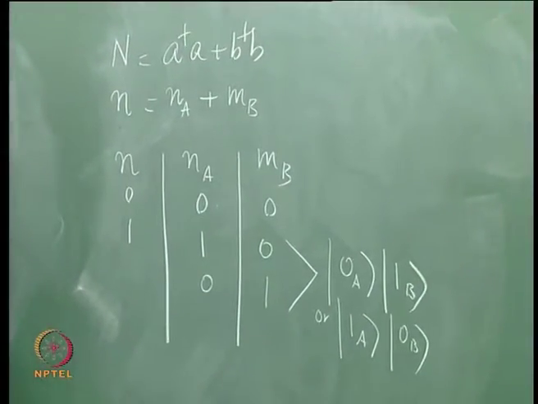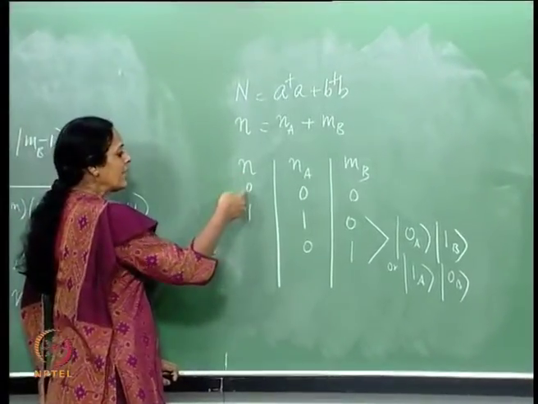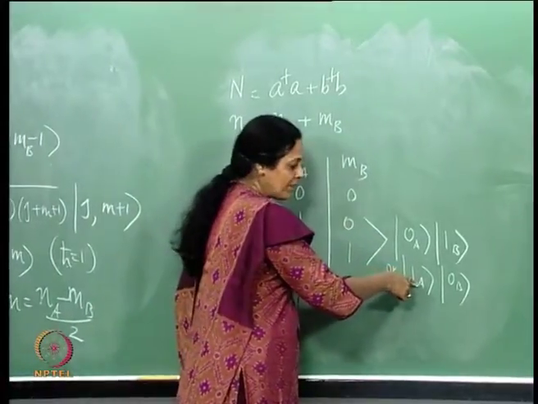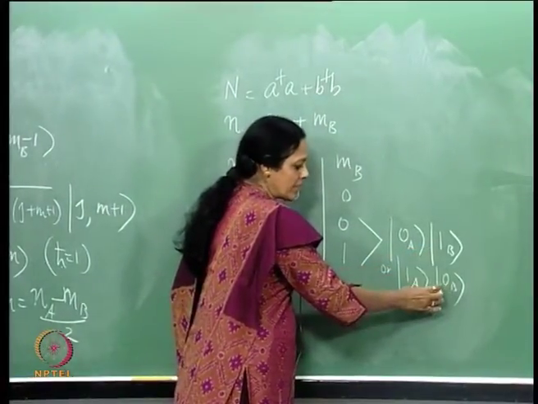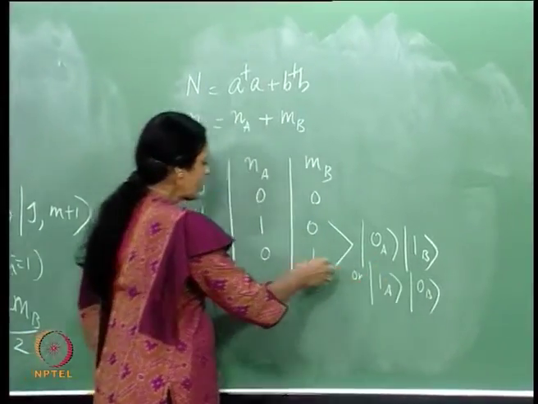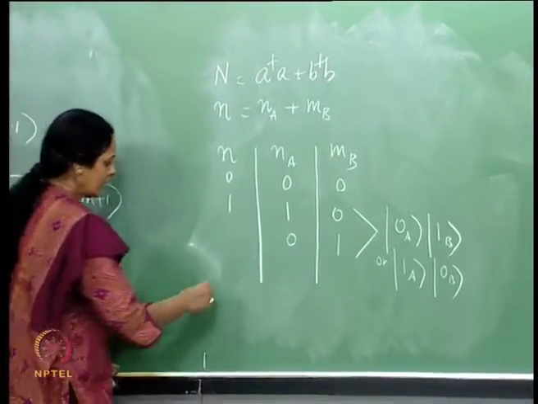So, as far as the composite system is concerned, n equals 1 is a doubly degenerate state. There are two distinctly different eigenstates which correspond to the eigenvalue n equals 1.